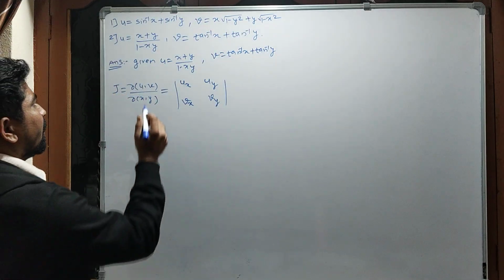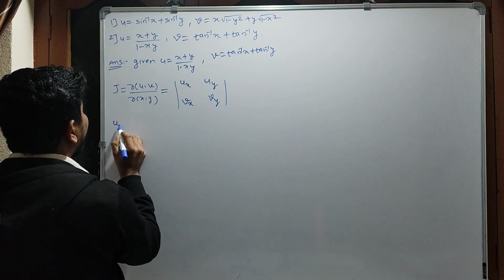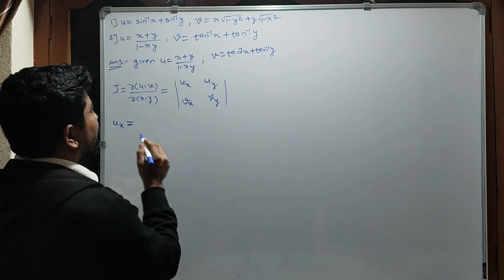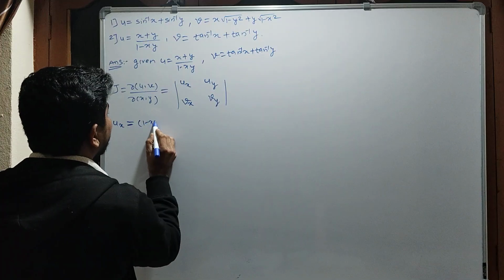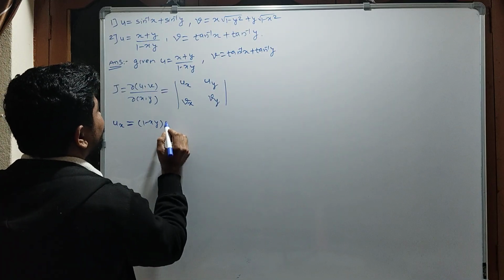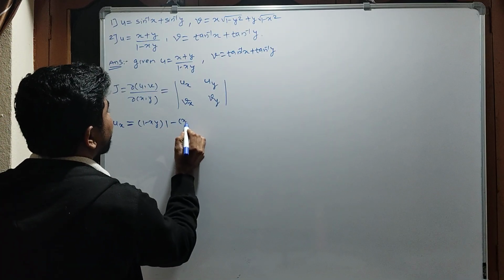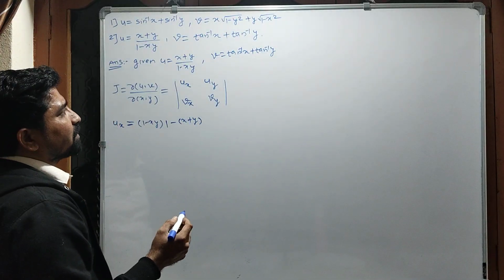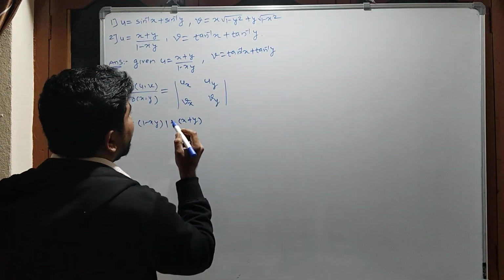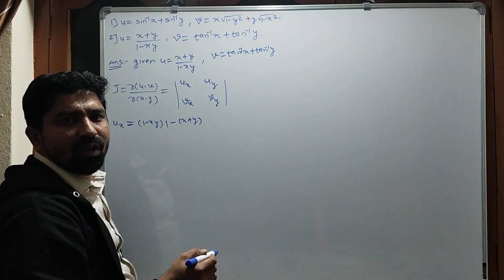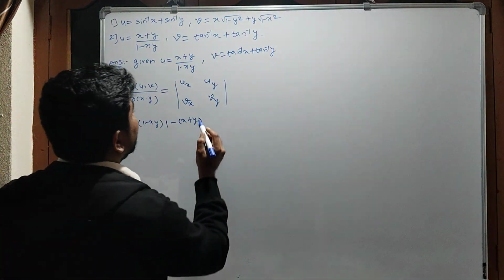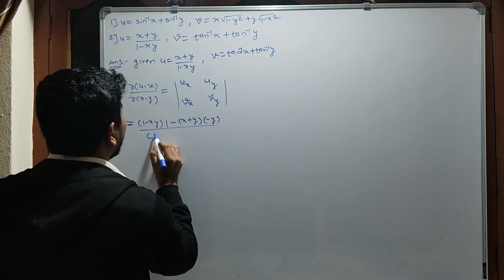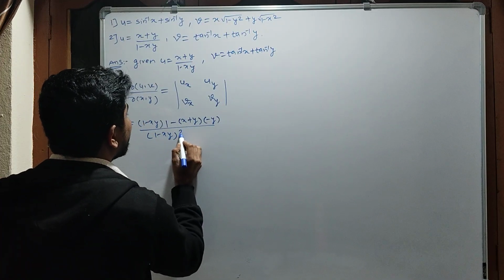Now I want to find ux. It is the quotient of two functions, so denominator as it is, derivative of numerator with respect to x is 1, minus numerator as it is, derivative of denominator with respect to x. The derivative of 1 minus xy with respect to x is simply minus y, whole divided by (1 minus xy) whole square.